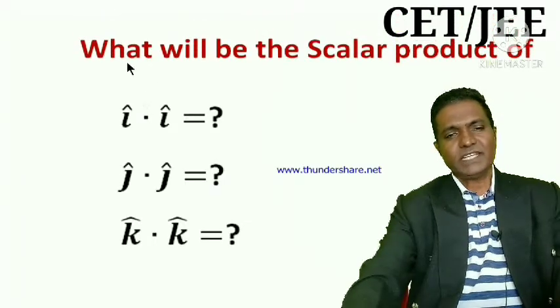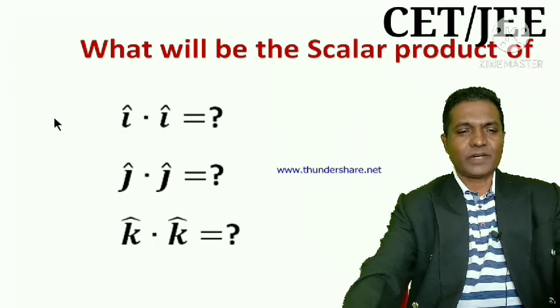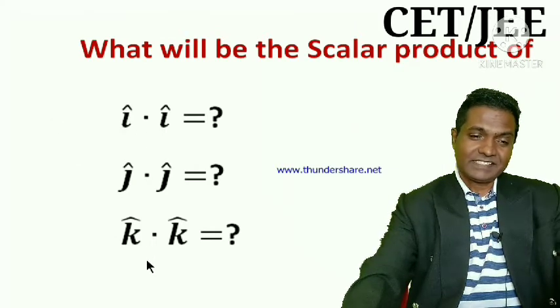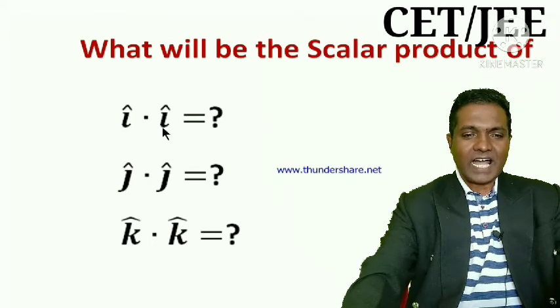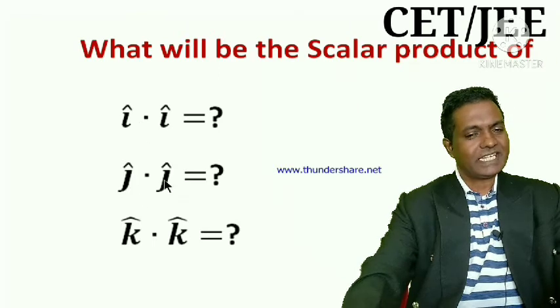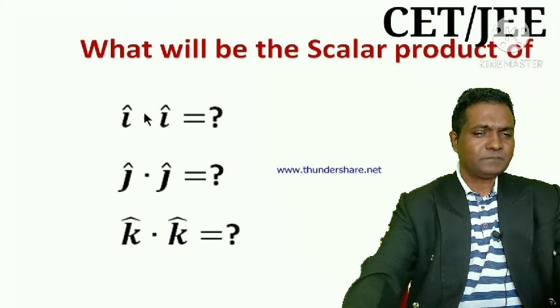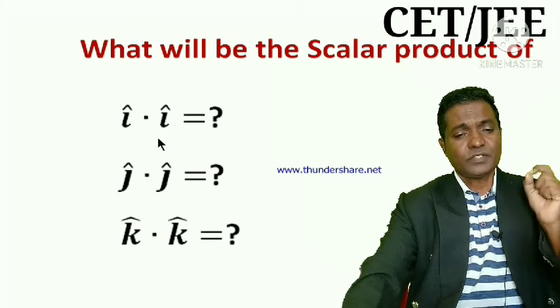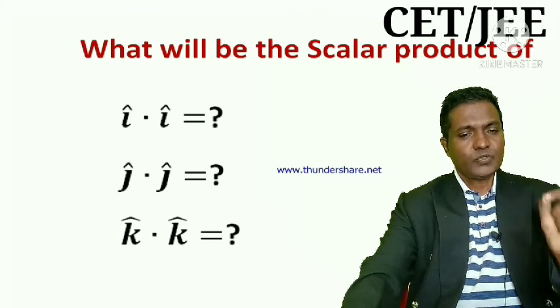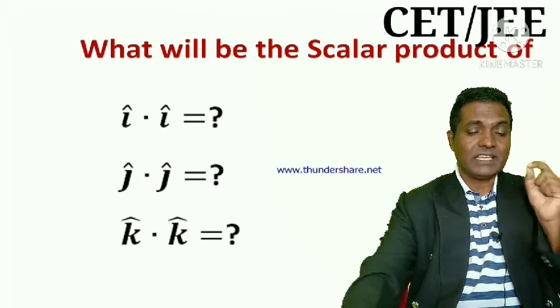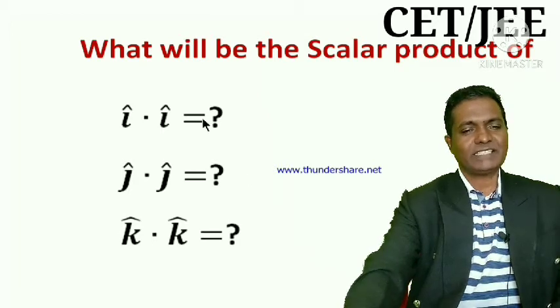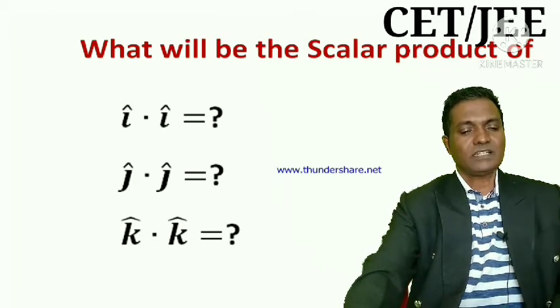Okay, now see here, what will be the scalar product of these three things, that is i cap dot i cap, j cap dot j cap, and k cap dot k cap? Means the dot product of two similar unit vectors. So what are i, j, k?